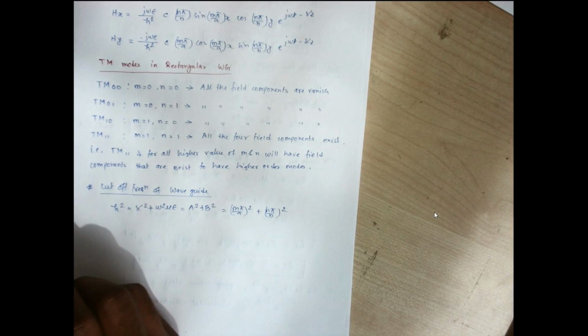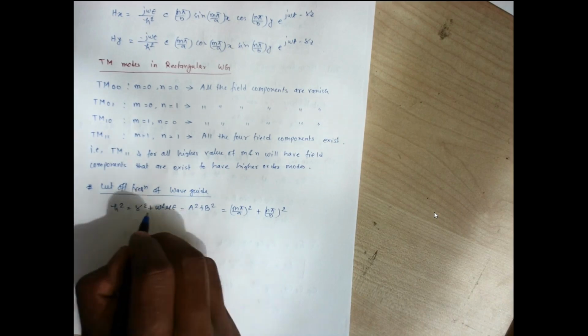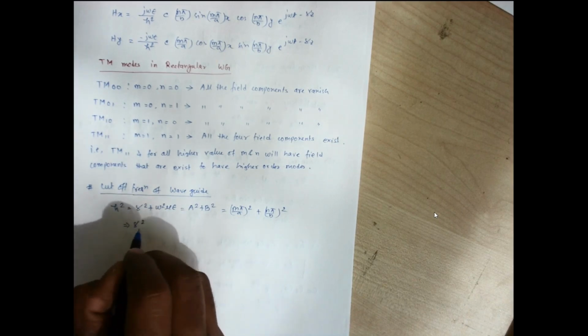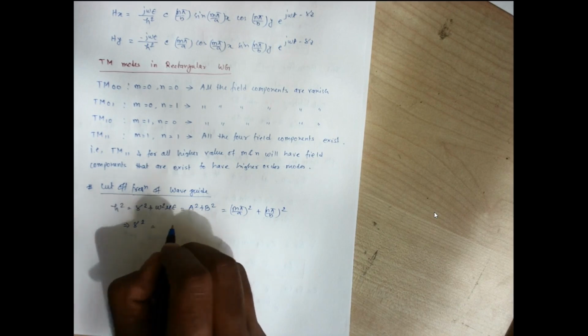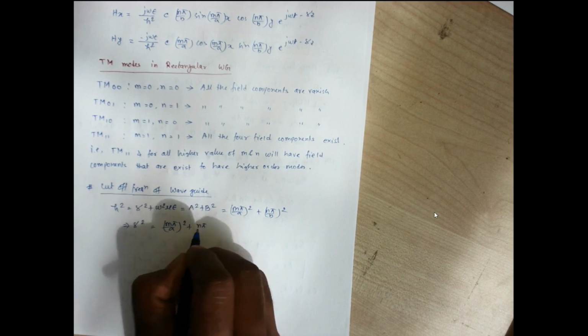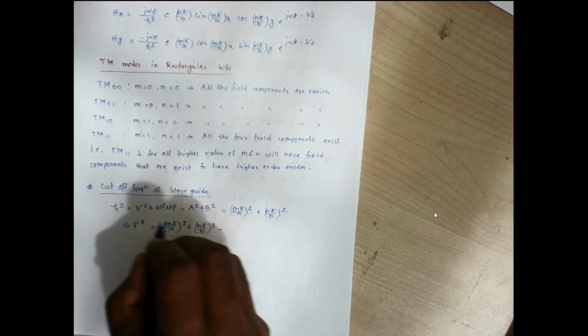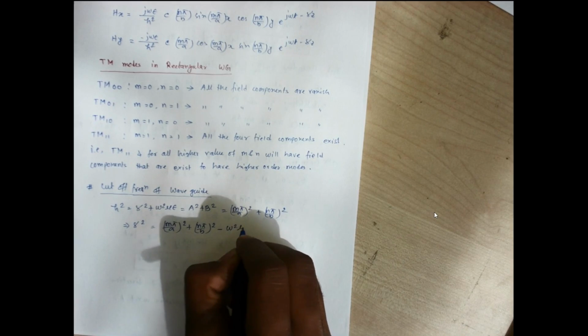So for gamma square, the propagation constant, it comes out as m pi by a whole square plus n pi by b whole square minus omega square mu epsilon.